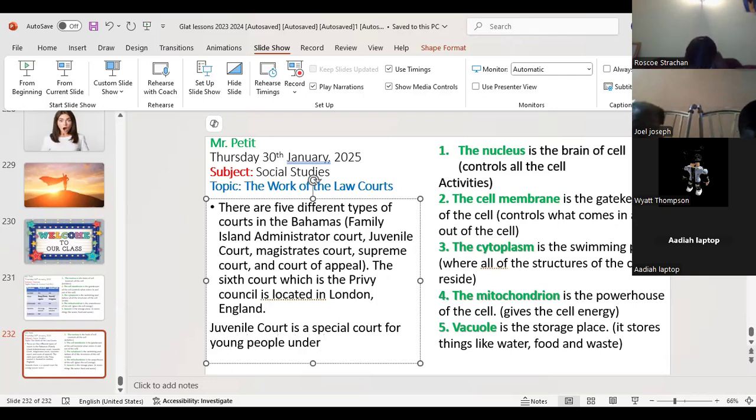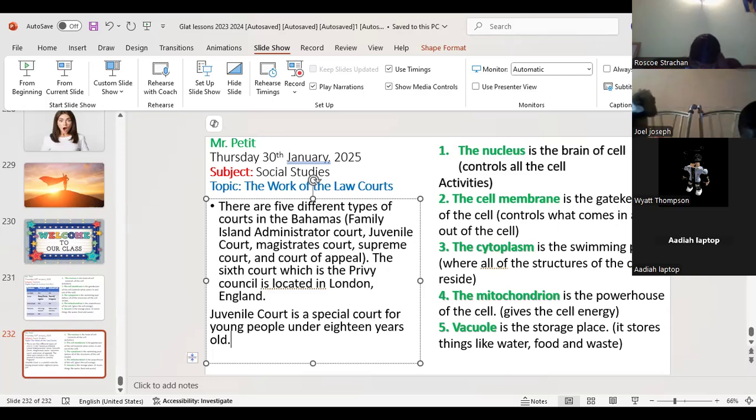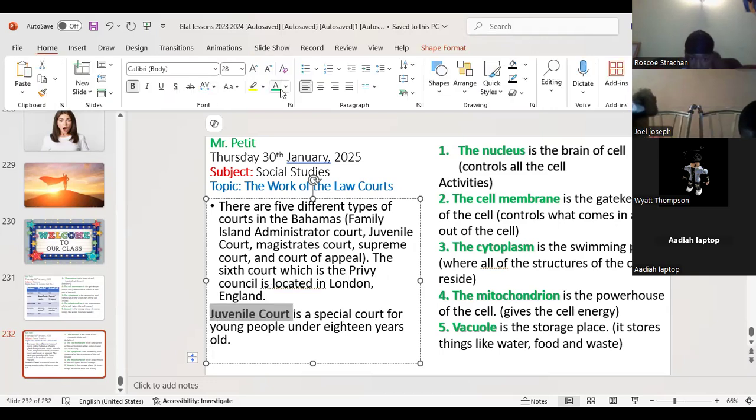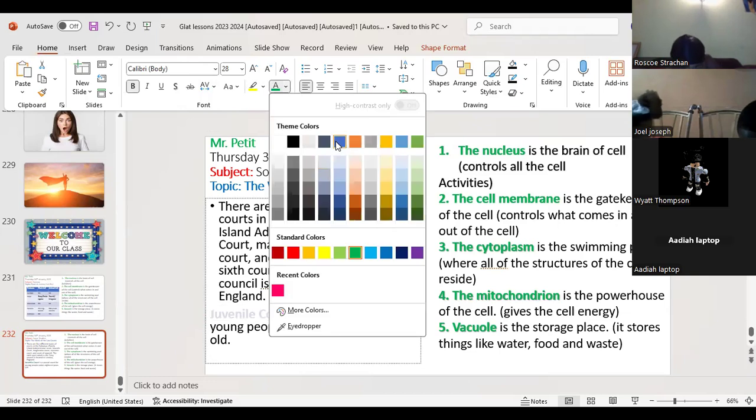under 18 years old, right? Juvenile court. It's a special court for young people under 18 years old.